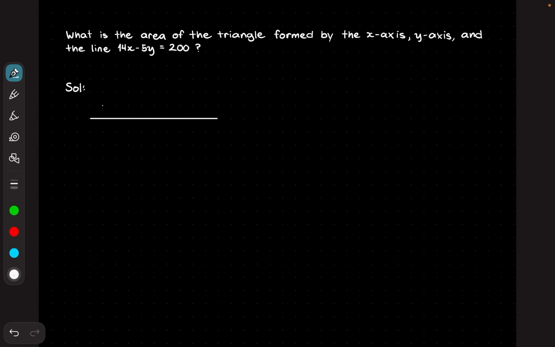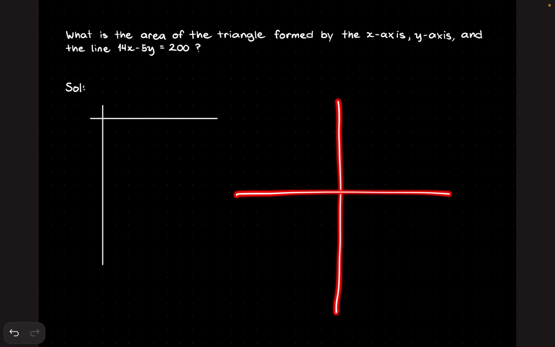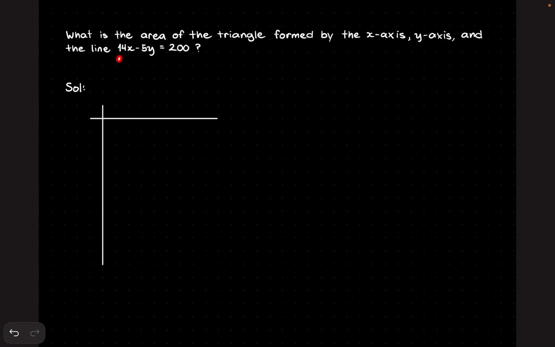Originally, you would do the standard x-axis and y-axis, but since I already know where this line would be located, it would be best to draw it this way. So let's denote this thing as the x-axis and this thing as the y-axis.